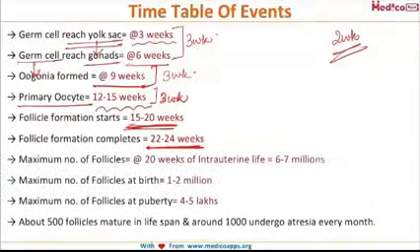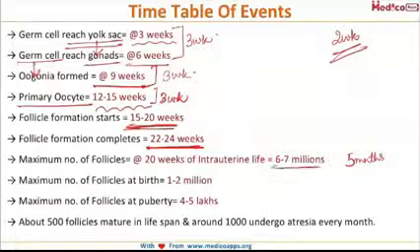Now we have some important questions regarding the number of follicles. The maximum number of follicles is present at 20 weeks of intrauterine life, that is 5 months of gestation. And what is that number? It is 6 to 7 million. They undergo atresia, they degenerate, and at birth only 1 to 2 million of these follicles are present. At birth, I repeat again, there are 2 million follicles.